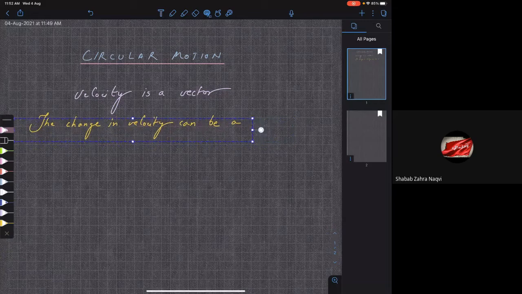A vector has two things, right? Two parameters are required to give the information about a vector. Magnitude and direction.